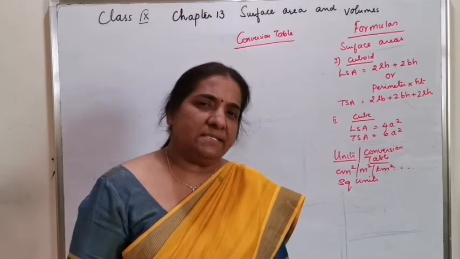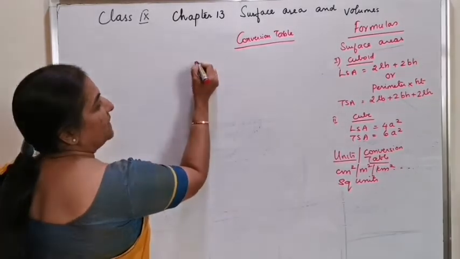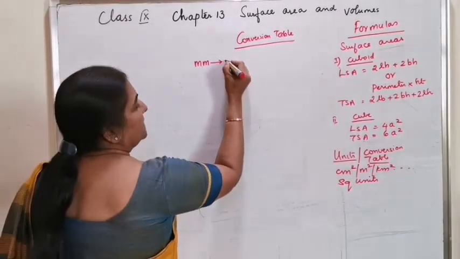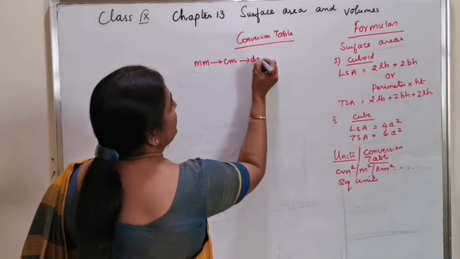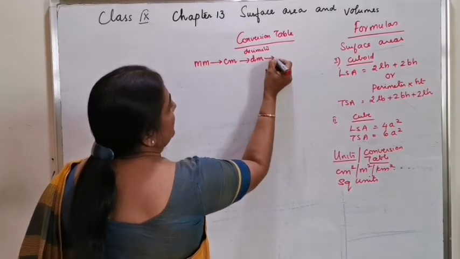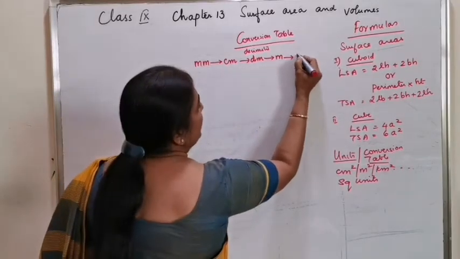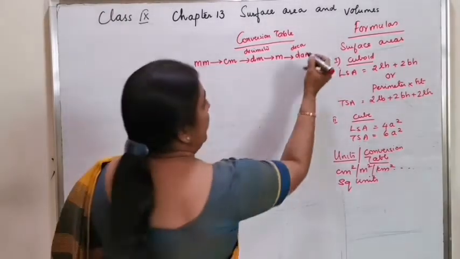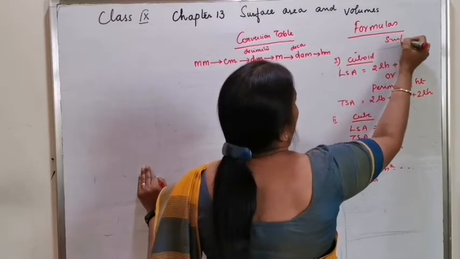To remember this, you can understand the conversion table as the units under consideration is millimeter, then the next unit is centimeter, the next unit is decimeter, the next unit is meter. Let's go forward as decameter, hectometer, and the next unit of kilometer.